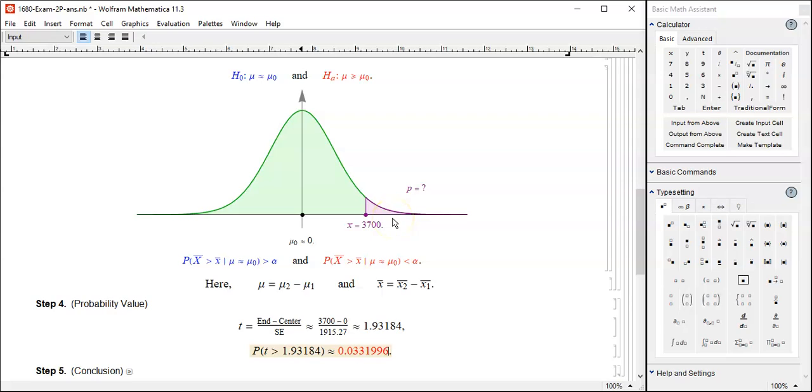That is that probability. So that probability is pretty low. So by rotten luck, you're going to get something like this. That probability is relatively low. So we're going to accept the null hypothesis.